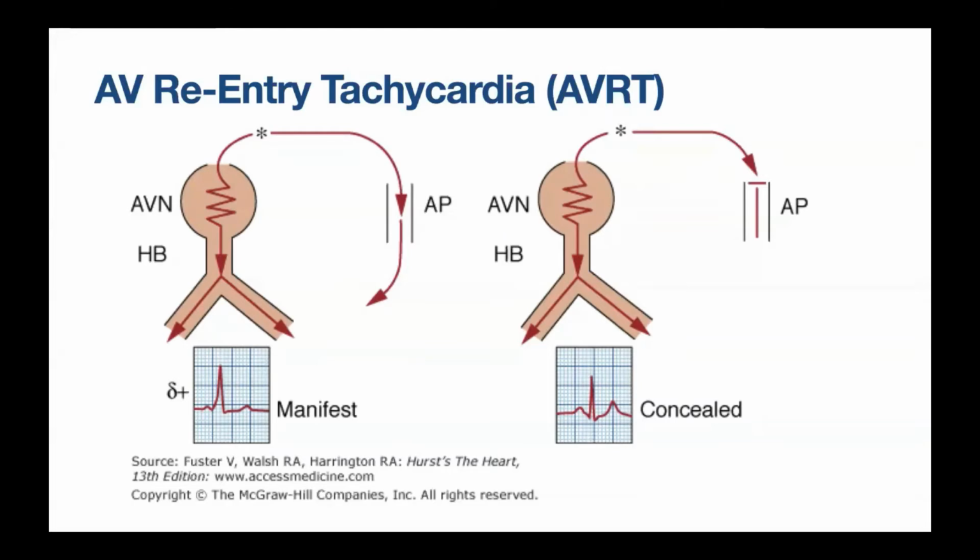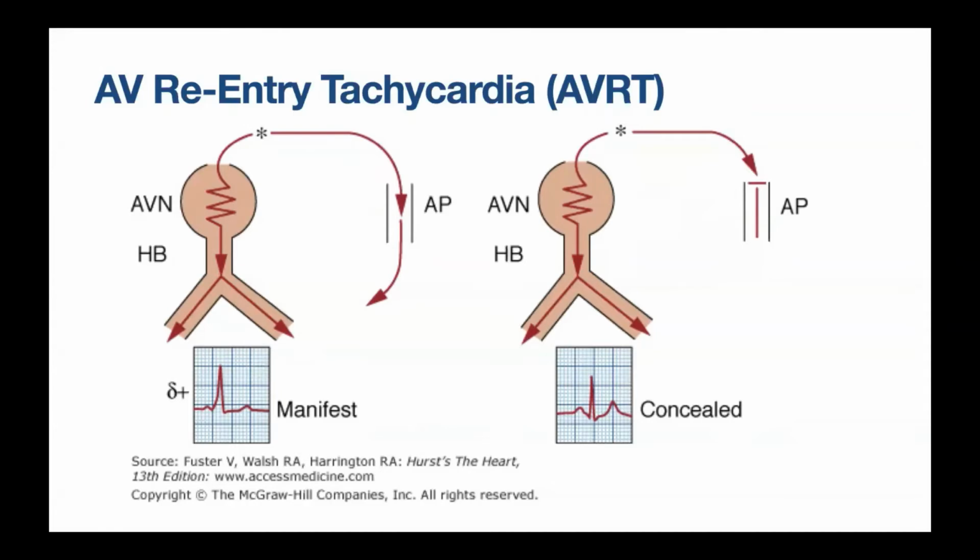While here in the other situation, it's still again it's an AVRT, but the accessory pathway here does not conduct in the antigrade direction. It only conducts through the retrograde conduction. So once we have here impulse generation from the sinus node, goes here to the accessory pathway. It tries to activate the accessory pathway, then the accessory pathway will not activate and will be in refractory period.